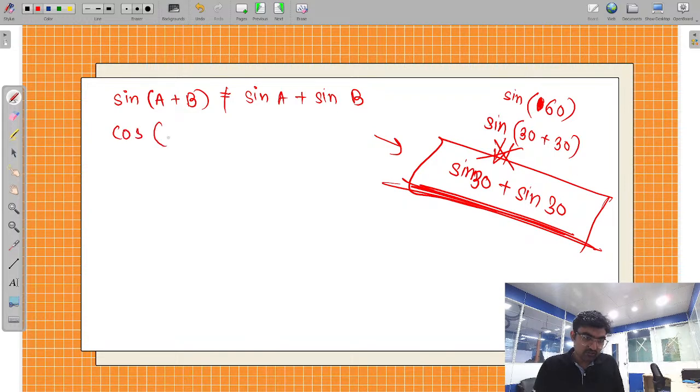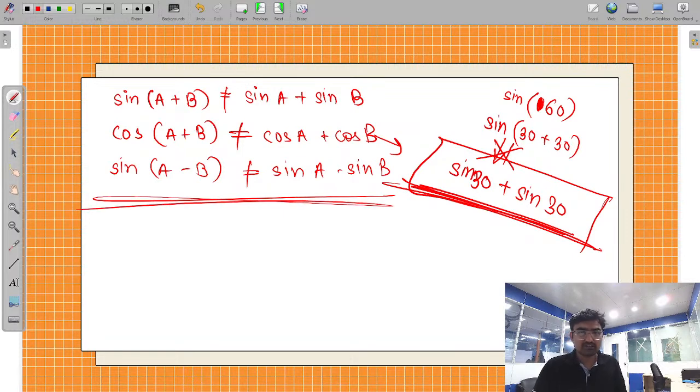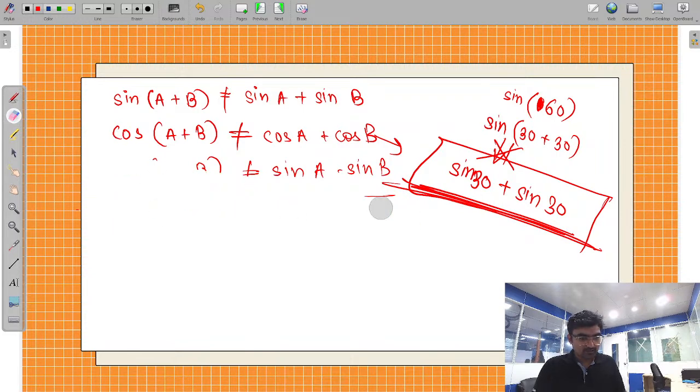Similarly, for the cos we can say the same, that cos of a plus b is not equal to cos a plus cos b. Clear? Now for tan it's the same, and again if it is written as a minus b, again it is not going to be equal to sine a minus sine b. So remember these things and don't make such silly mistakes. Okay, good, fine.